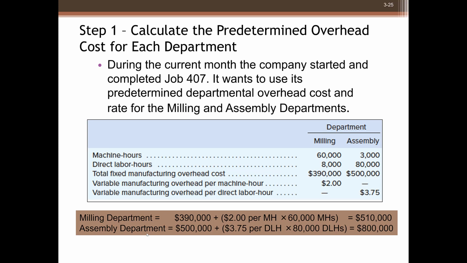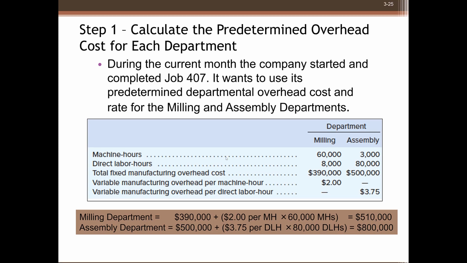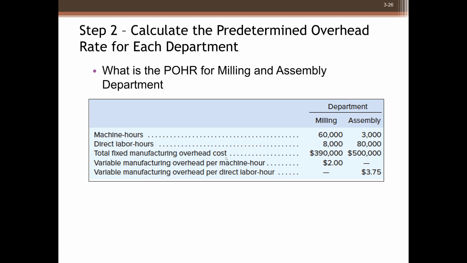For the assembly department, fixed MO, that's manufacturing overhead, plus variable MO per direct labor hour, $3.75, multiplied by total allocation base level, 80,000 direct labor hours, and then we can get 800,000. Step 2, we can calculate the predetermined overhead rate for each department.